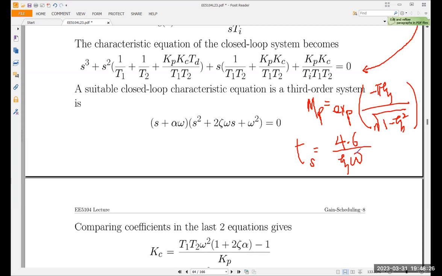But in control engineering design, there's such a thing called dominant pole theory. If you find the real part of this, choose alpha such that this is much further to the left compared to the real part of this. So if this is a complex root, and the real part is -2, then choose alpha such that the real part is -20.